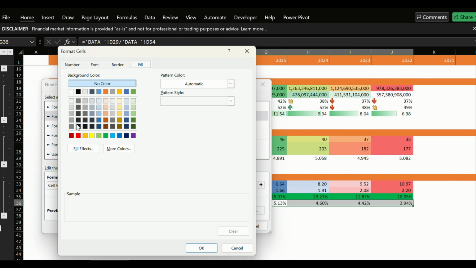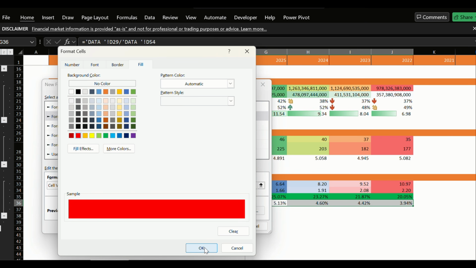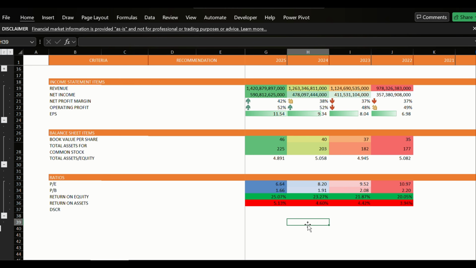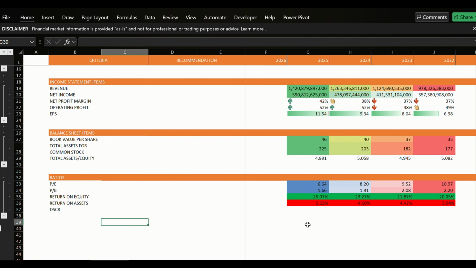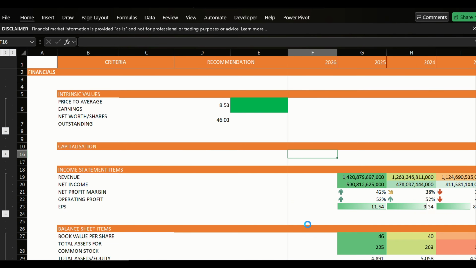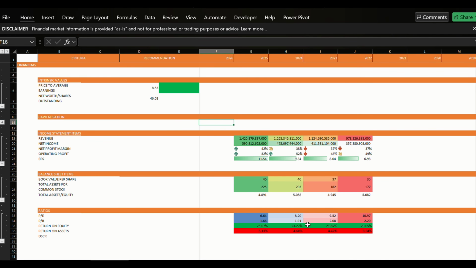Let me just put it to red so you can see at the get-go that the return on assets is not the best, not necessarily bad, but it just goes to show. So we back out so you can see everything we've done here.